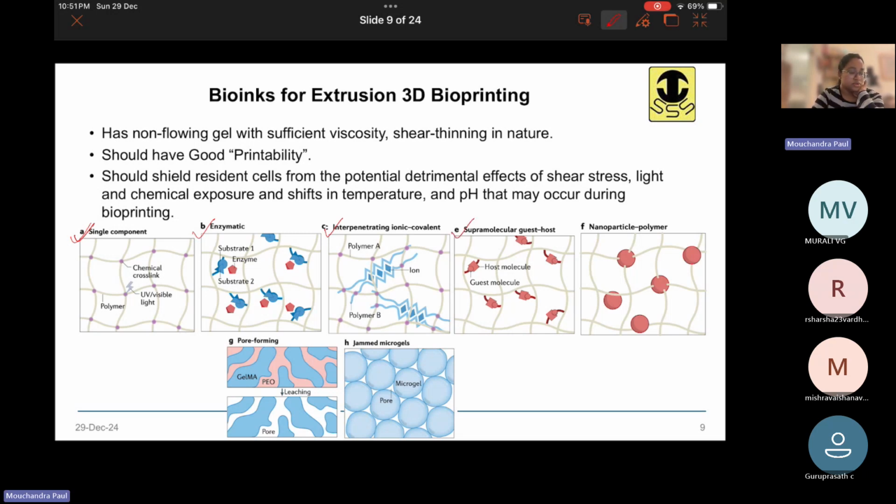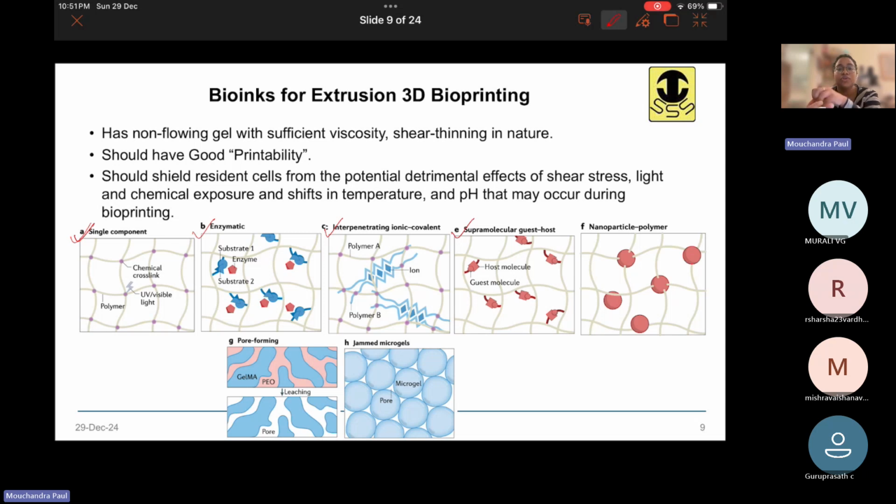Or you can use supramolecular guest host interaction. Here, basically, the polymer chain is modified to contain some chemical molecules which show this guest host interaction. And this type of interaction is physical in nature, all right. It's a physical cross-linking method, and it depends on the configuration of the guest molecule and the host molecule.